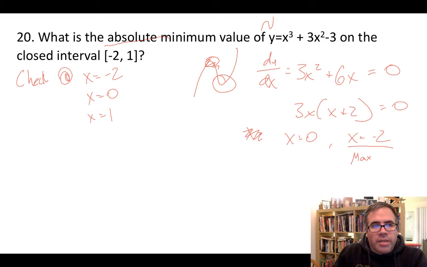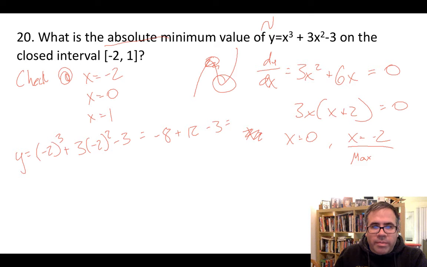At -2, y equals -2 cubed plus 3 times -2 squared minus 3, which is equal to -8 plus 12 minus 3, which is equal to 1. Then we have 0 cubed plus 3 times 0 squared minus 3, which is equal to -3.